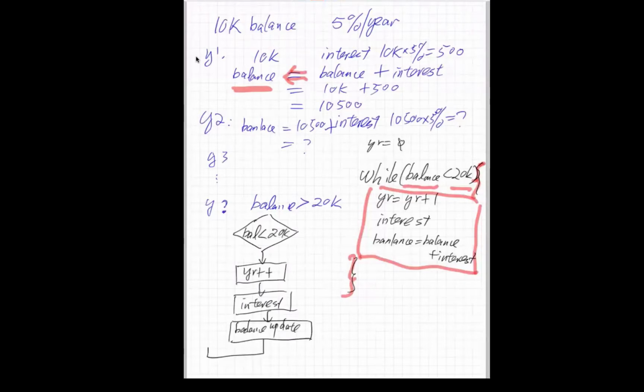And we go back to see whether the condition is met or not. This is for true. If not, we get out of this while loop, and that basically reaches our answer of year. So that is the algorithm to solve the investment problem.